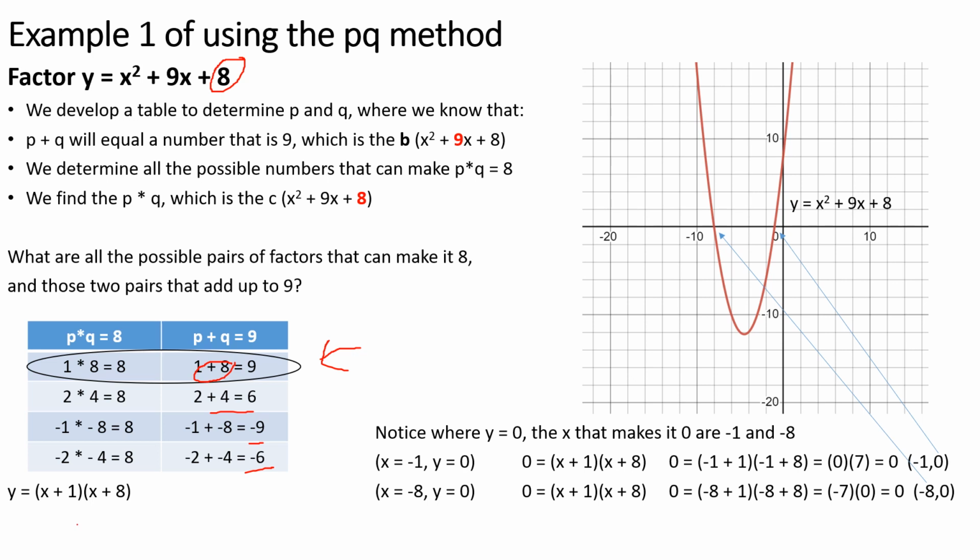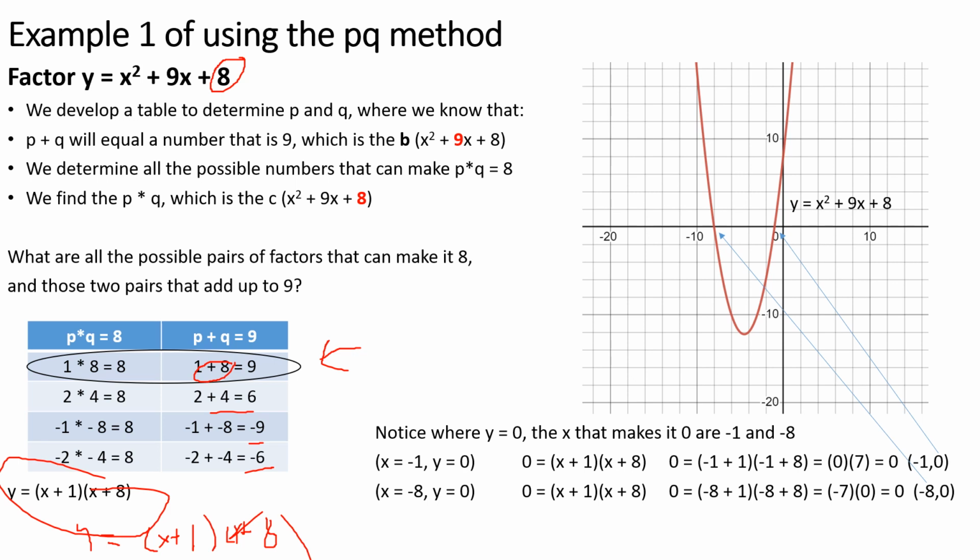So when I factor, my y equals x plus 1 and x plus 8. Let me put my x there first, x plus 8, which I've actually written much more neatly right here. And here's the thing.